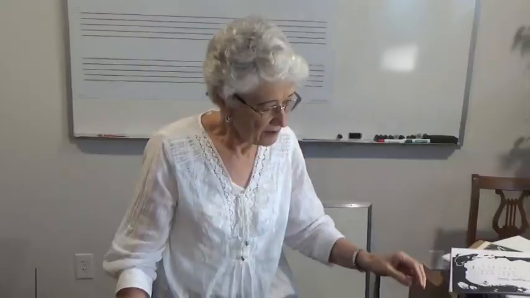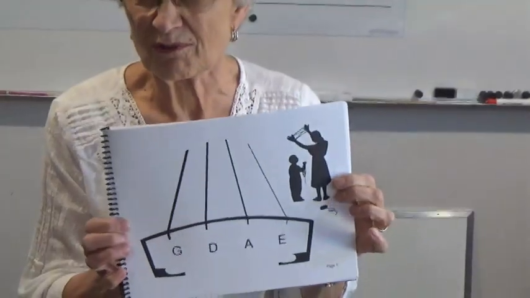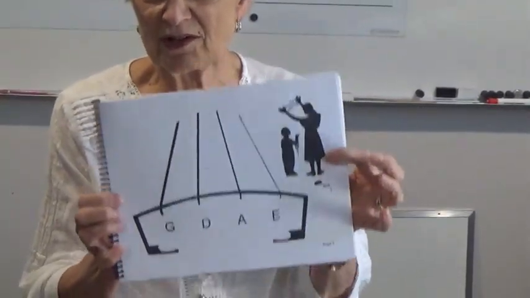It's designed to be visually uncomplicated for the children, so you might wonder, what do I do with this page? Here's the first page. It has the 4 strings and their names. You might wonder what to do with that. But the good news is that there's an explanation in the instructions in your teacher's manual.